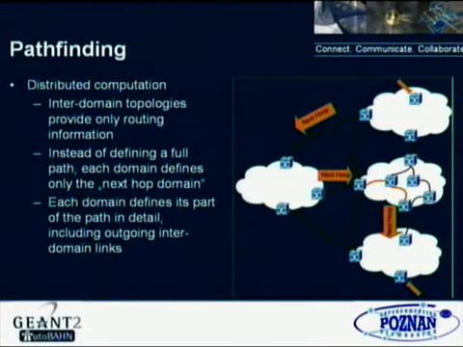The third approach is the distributed computation, so it's somehow like routing. If I want to go from A to B, I know only the next hop, where to send a packet to make another calculation. So there is no domain chain. The first domain is unable to find a path.